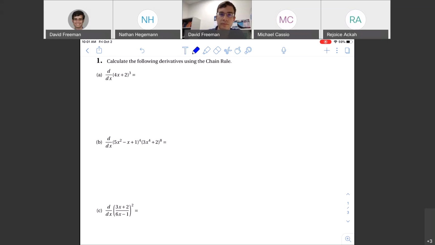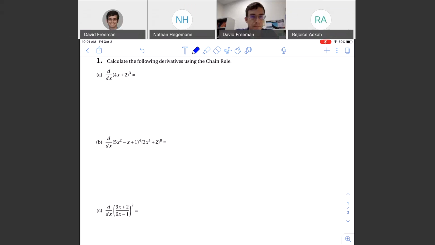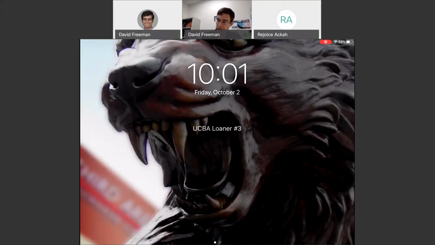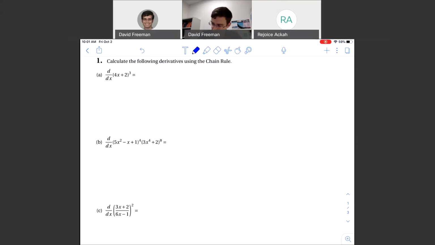I have a quick question. Sure. So with the B, how will you do it without having the 4 power and the 8 power? So you're going to need the product rule and the chain rule for that one, because you've got two functions multiplied together, this piece times the other piece.